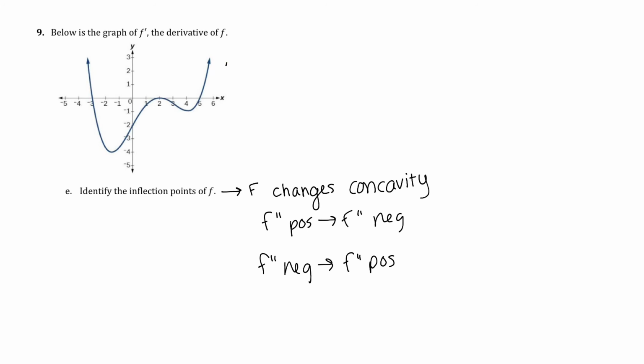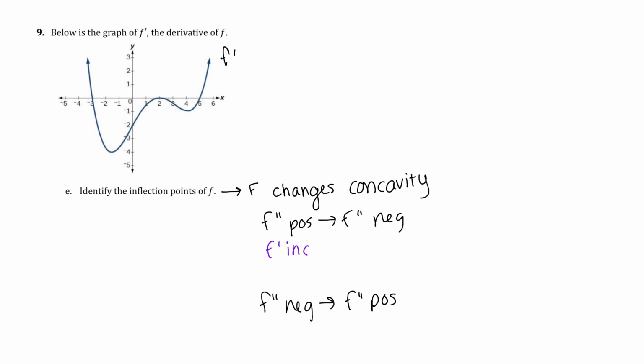Because we're looking at the graph of f prime, f double prime positive means f prime increasing, and f double prime negative means f prime decreasing. There's a location where we go from increasing to decreasing. So here we go from increasing to decreasing. So that's an inflection point there. We don't have any other places where we go from increasing to decreasing.